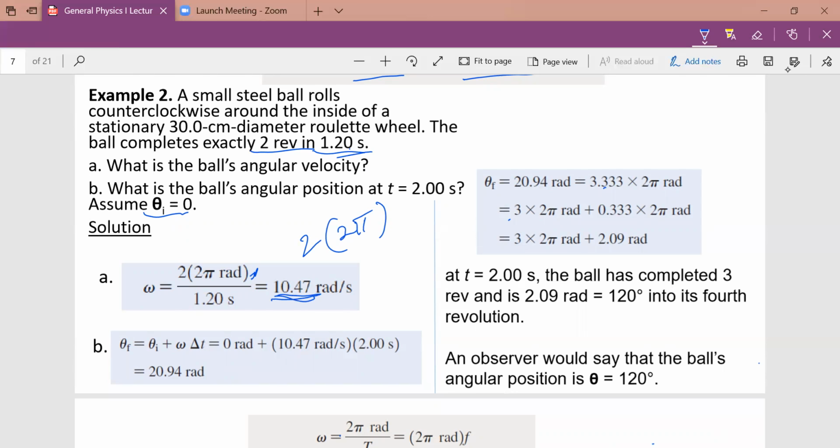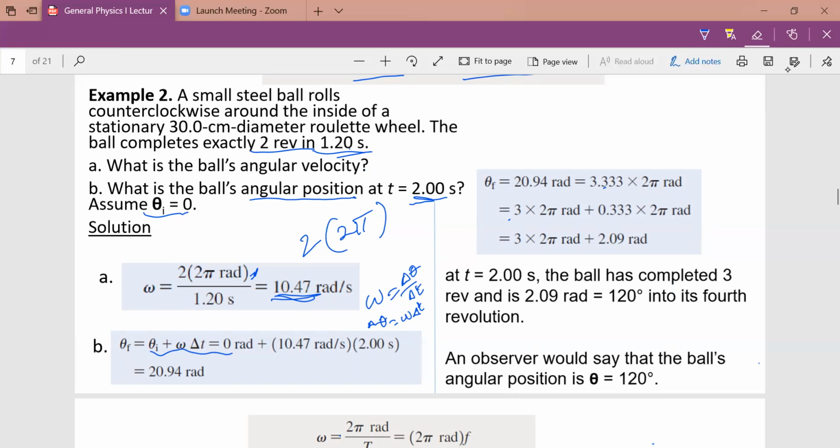Then we also have the question that says, what is the angular position at 2 seconds? So we assume, because we have been told to assume, that the initial will be 0. So how did we get this equation that we're using here? W is equal to change in theta over change in time. So if you make change in theta the subject of the formula, you will have W change in t.